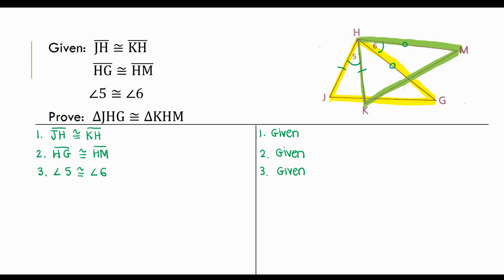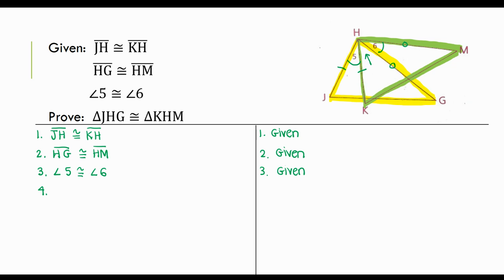Notice that the angle that I want in the yellow triangle is bigger than angle 5. The angle that I want in the green triangle is bigger than angle 6. Notice that both of the triangles that I have highlighted seem to share an angle. They share this angle of KHG. So how do I go from something small to something big?